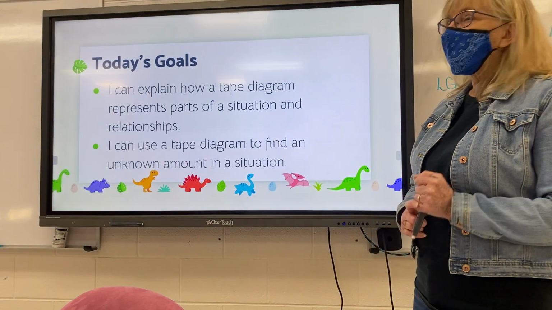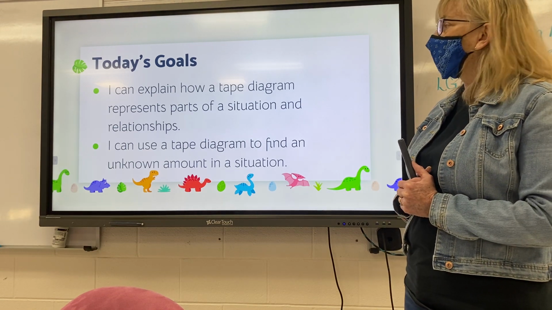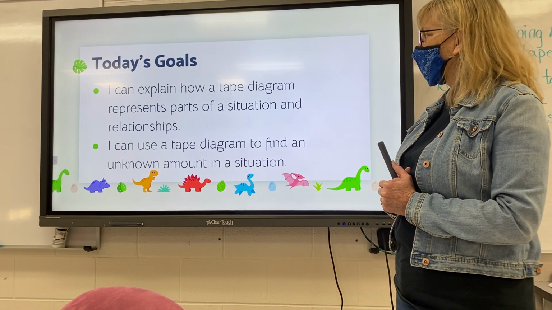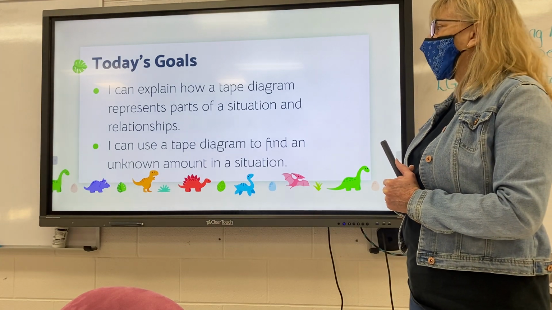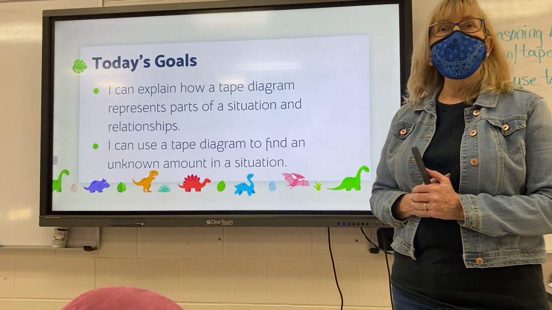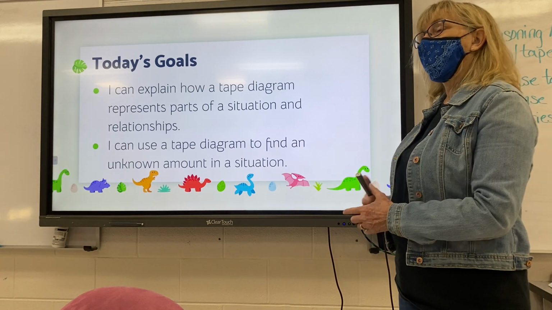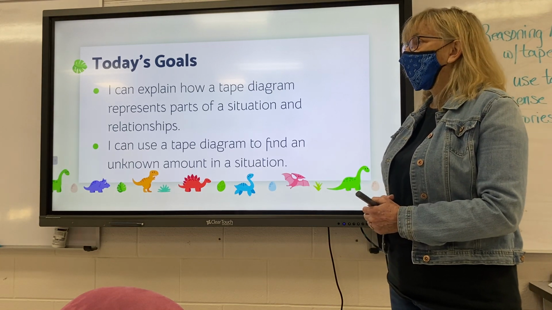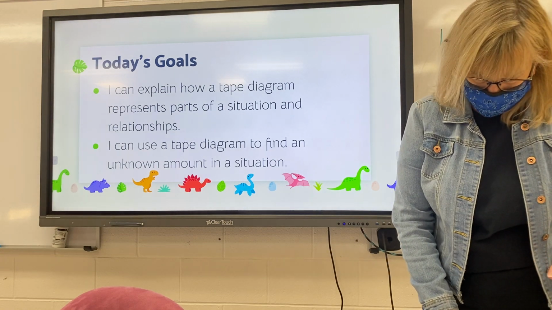I would love it if at the end of the lesson you could explain how a tape diagram represents parts of a situation and relationship, and you could use a tape diagram to find an unknown amount in a situation. You can reason through the tape diagram to find a solution. All right, that's what I would really like you to get out of today's lesson.